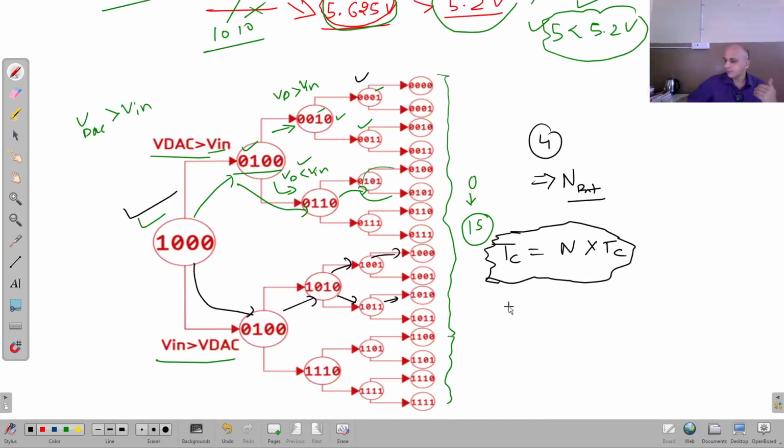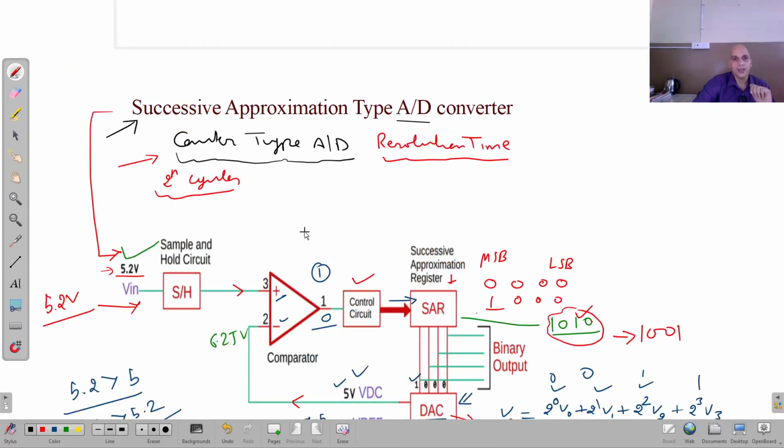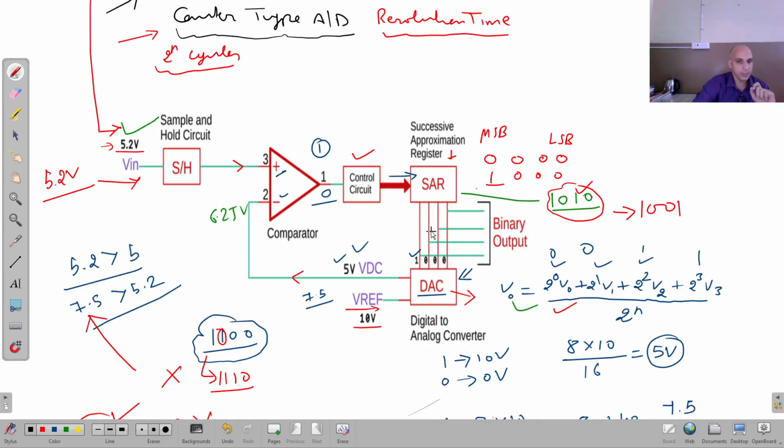So this is the big advantage: the time required for the conversion depends upon the number of bits, and it is the worst case, right? Otherwise it can be less than this. In the worst case, it will be equal to the number of bits, I mean 4, multiplied by the clock time, right? So this is the advantage. In the earlier case, this time was very large. So this is the working of this successive approximation type A to D converter.